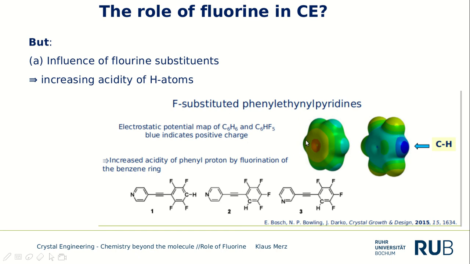This was the electrostatic potential map of benzene, and in contrast, of pentafluorobenzene. You see a nice electrostatic potential map, in this case with a really big difference at this point, the C-H. And I have shown you how you can use such components to design crystal structures. This is the first.